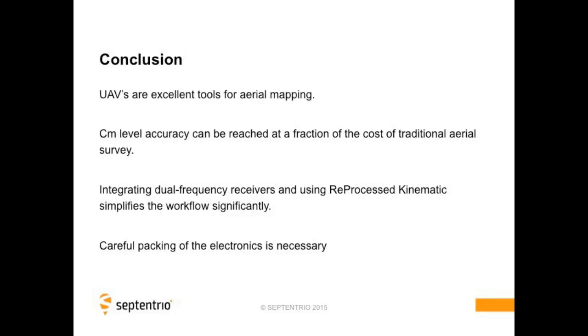We've proposed a number of approaches to simplify the process called reprocessed kinematic to reduce also the risk of loss of data. But in any case, when you're integrating this type of systems, it's important to take a number of good design measures to avoid especially the problem of interference.